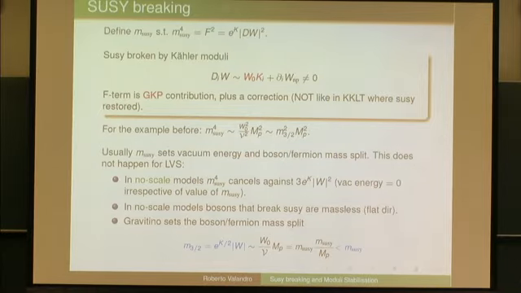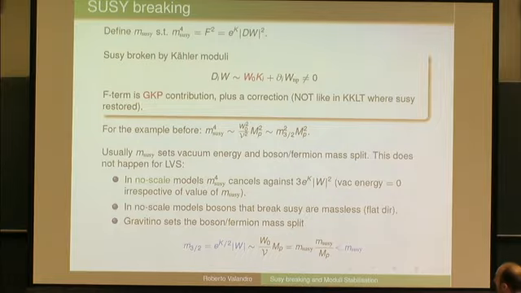Now usually you take this definition of the supersymmetry breaking scale, and then this sets the vacuum energy and the boson-fermion mass splitting. But this does not happen in the large volume scenario, because at leading order this theory is a no-scale model. This term is actually cancelled against this one at leading order, so the vacuum energy is actually 0 at leading order.